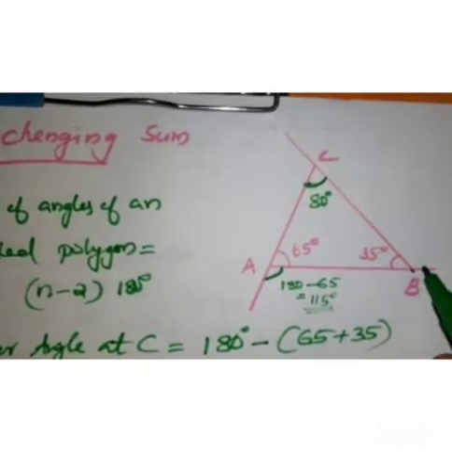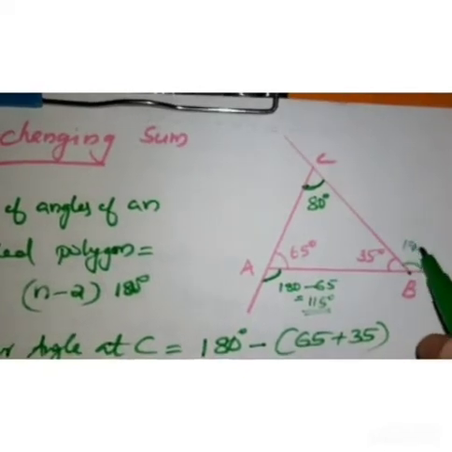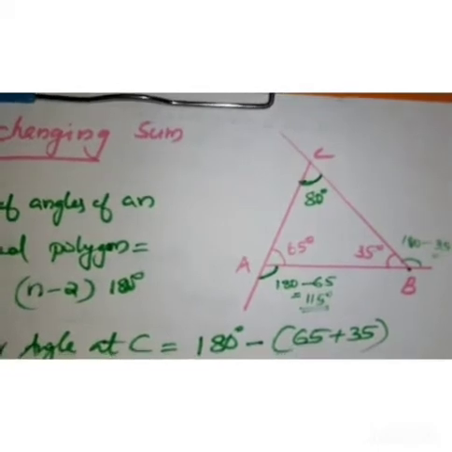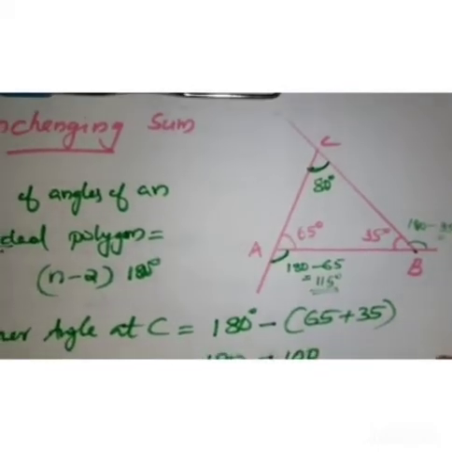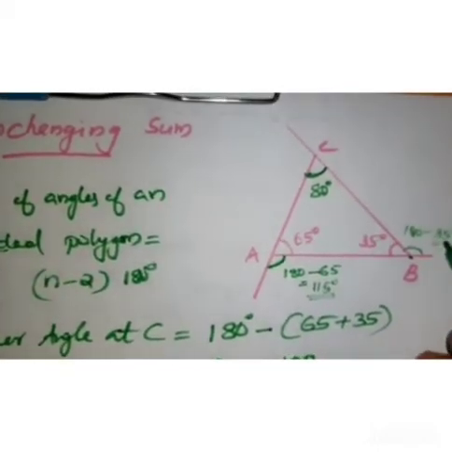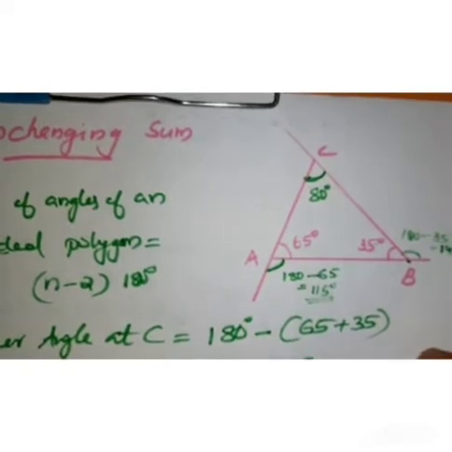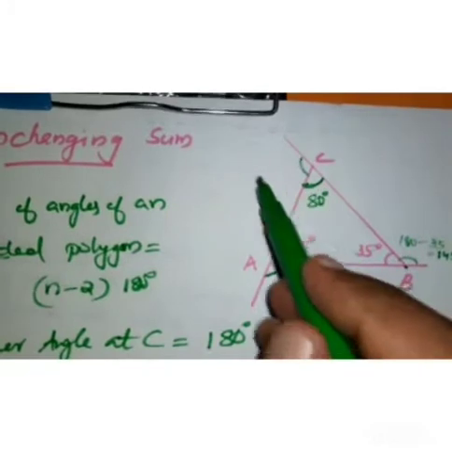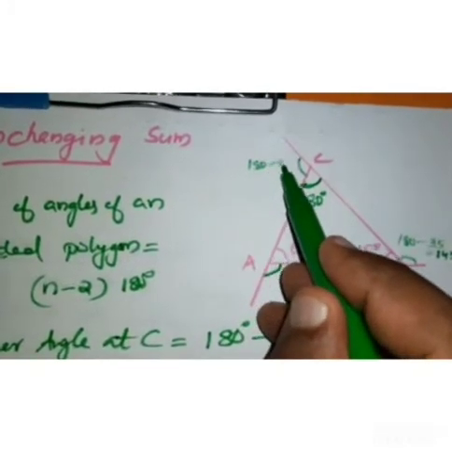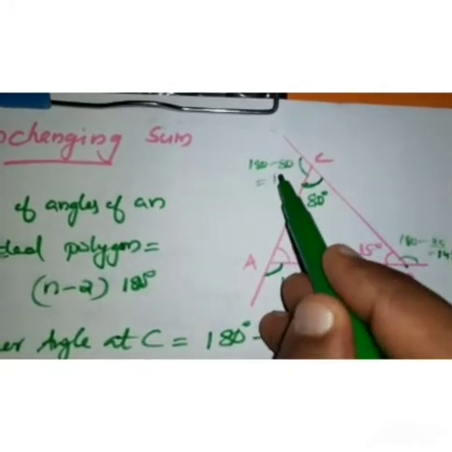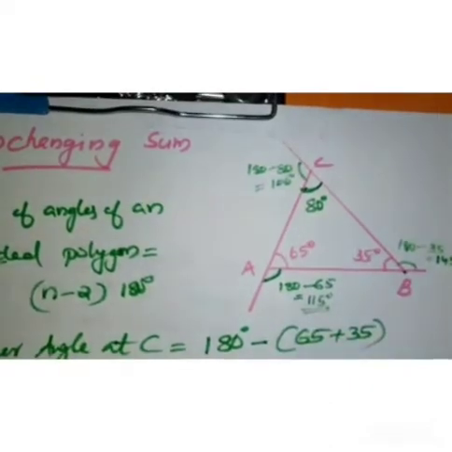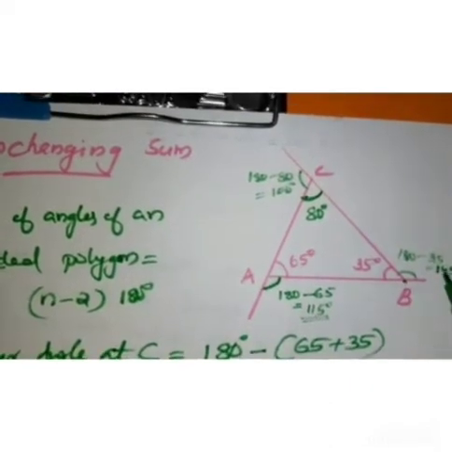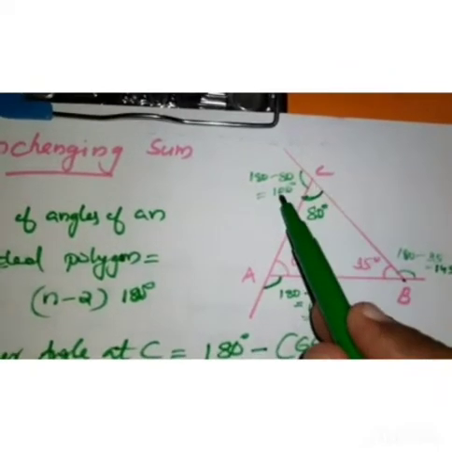This is 35. 180 minus 35 is 145 degrees. Then what about the outer angle at C? It is 180 minus 80. How much are you getting? 100. So the outer angle at A is 115, at B is 145, at C is 100.